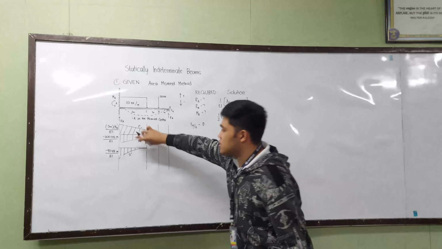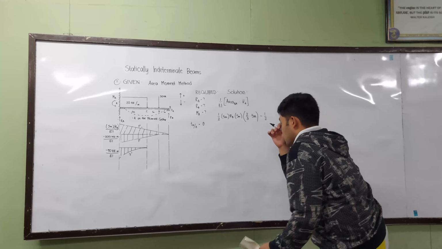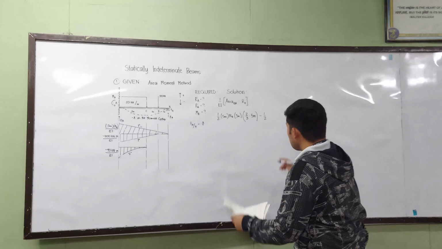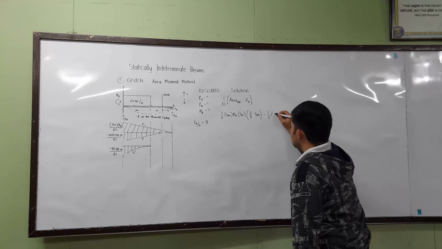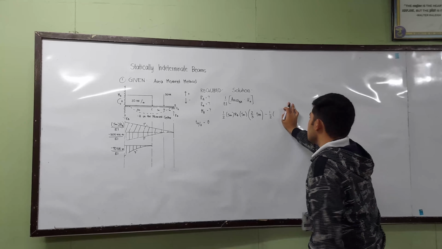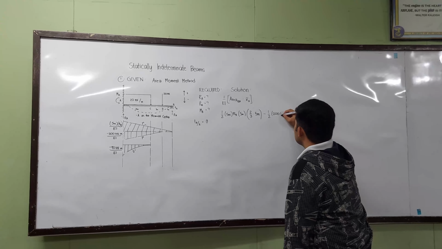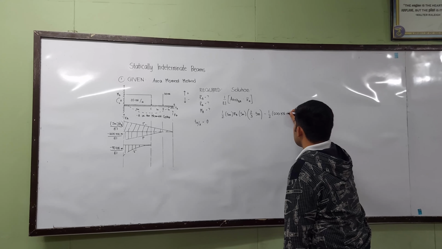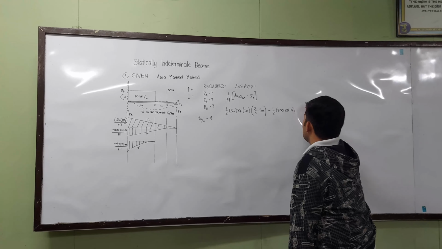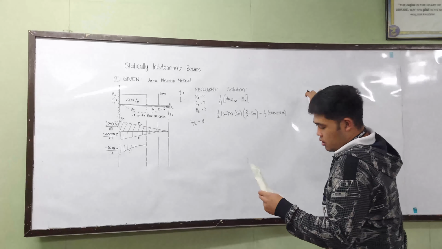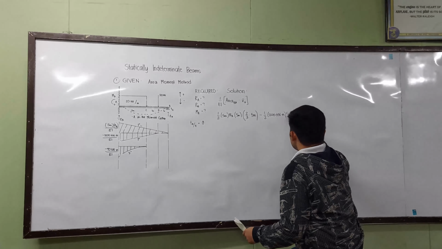It's 1/2 since it is also a triangle. So times base times height, height times base is the same. So 200 kilonewtons times meters times the base of 4 meters.